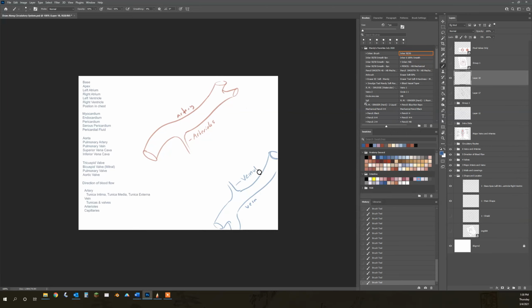All right. These split into even smaller veins and arteries. These are still our venules right here. But these are going to split into even smaller ones called capillaries.